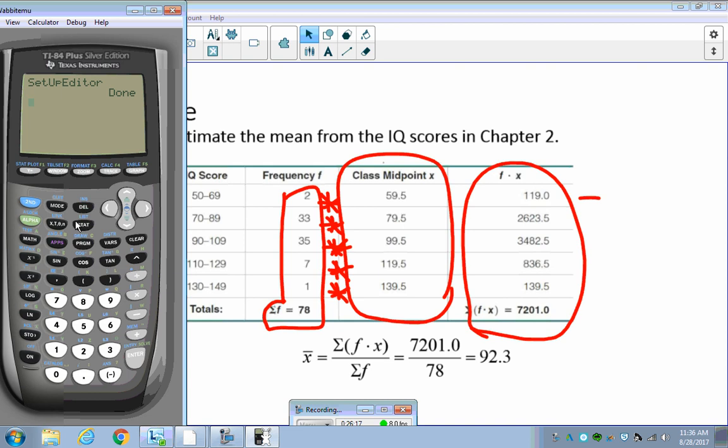I want it to do the calculations for me now. So I'm going to go back to the stat menu. I'm going to cursor to the right to where it says calculate, and I'm going to choose, in this case, number 1, which is one variable stats.